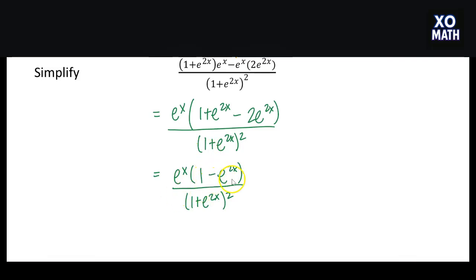And finally, to be fully simplified, we want to recognize that 1 minus e to the 2x is the difference of squares, so this can be factored further. So we have e to the x times the quantity 1 minus e to the x times the quantity 1 plus e to the x, all over the quantity 1 plus e to the 2x squared. The difference of squares, because this is 1 squared minus e to the x squared.